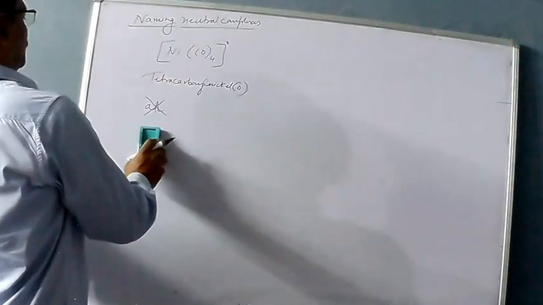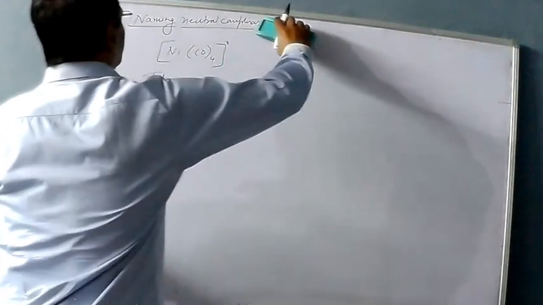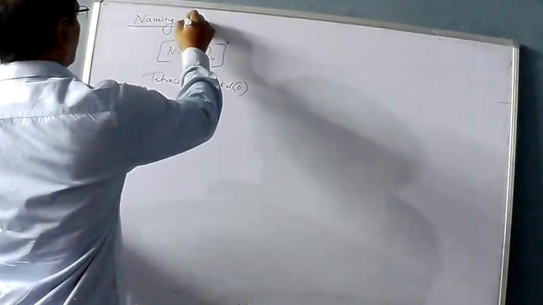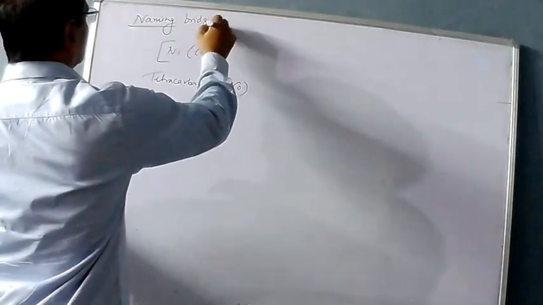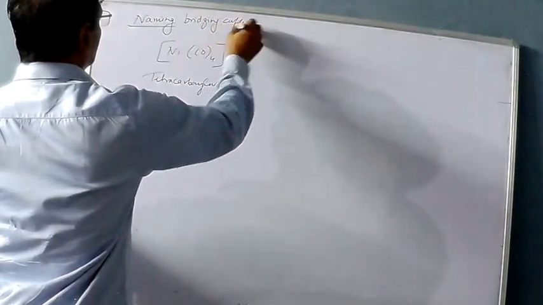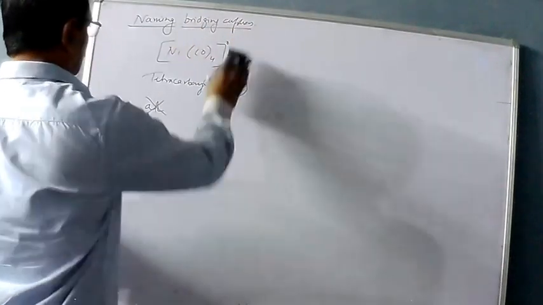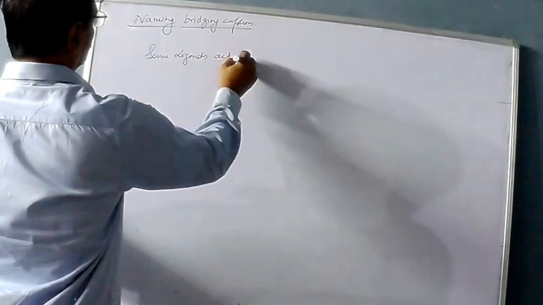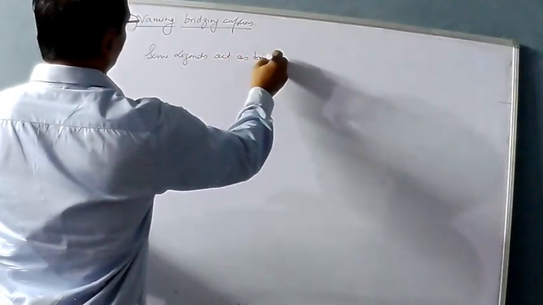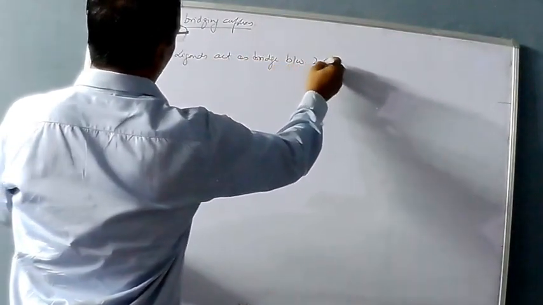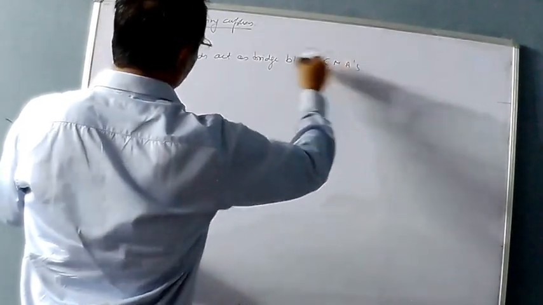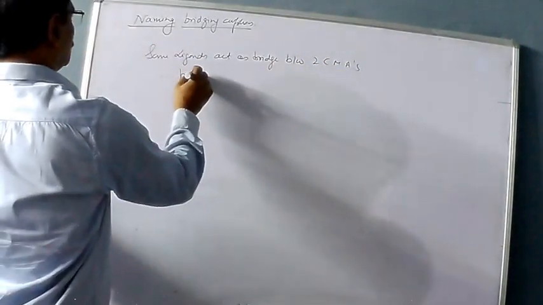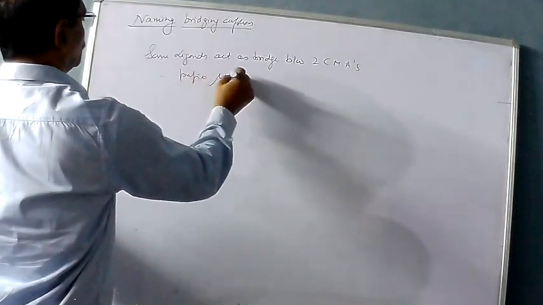And now the last topic becomes naming bridging complexes. So naming bridging complexes. Some ligands act as a bridge between two CMAs, central metal atoms. Therefore, prefix mu is used before them.